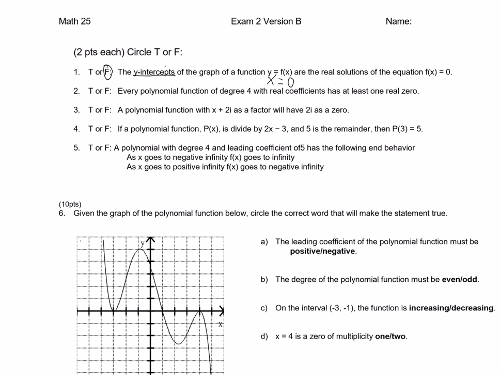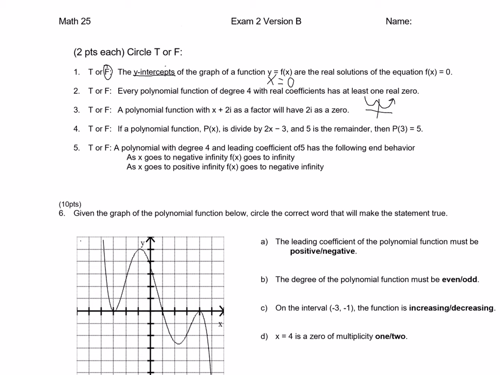Number 2, every polynomial function of degree 4 with real coefficients has at least one real 0. That is false because we could end up with a graph, as some of you saw, that might do something like this.